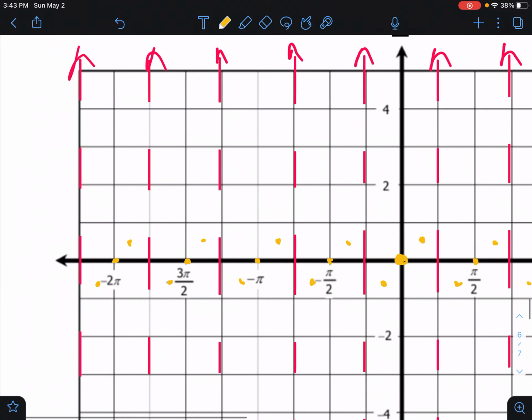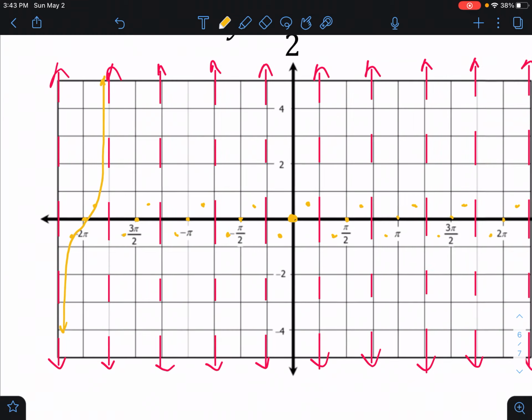All right, try to make these as neat as you can. I know it's a little trickier on the iPads, but it's nice to have the color options.